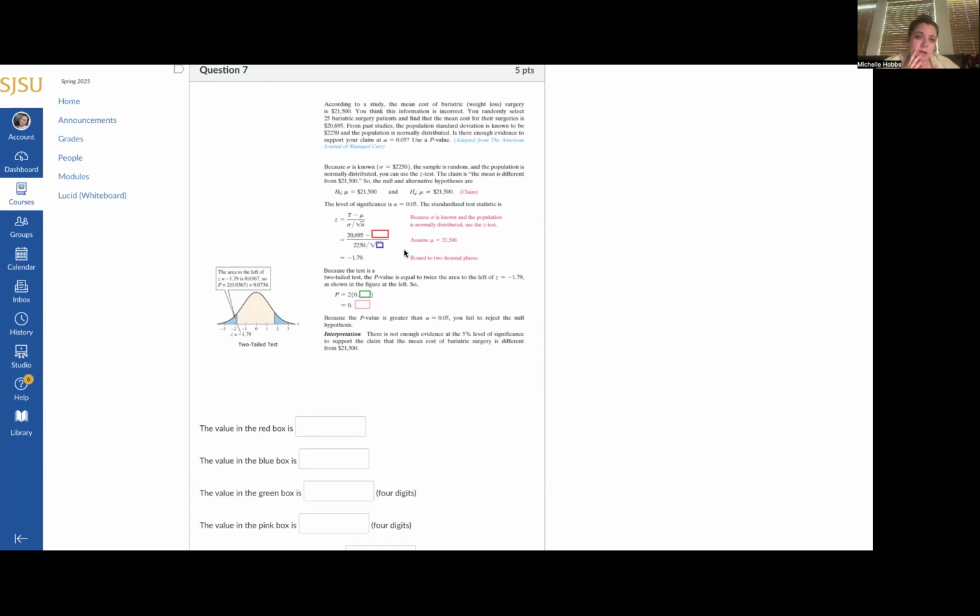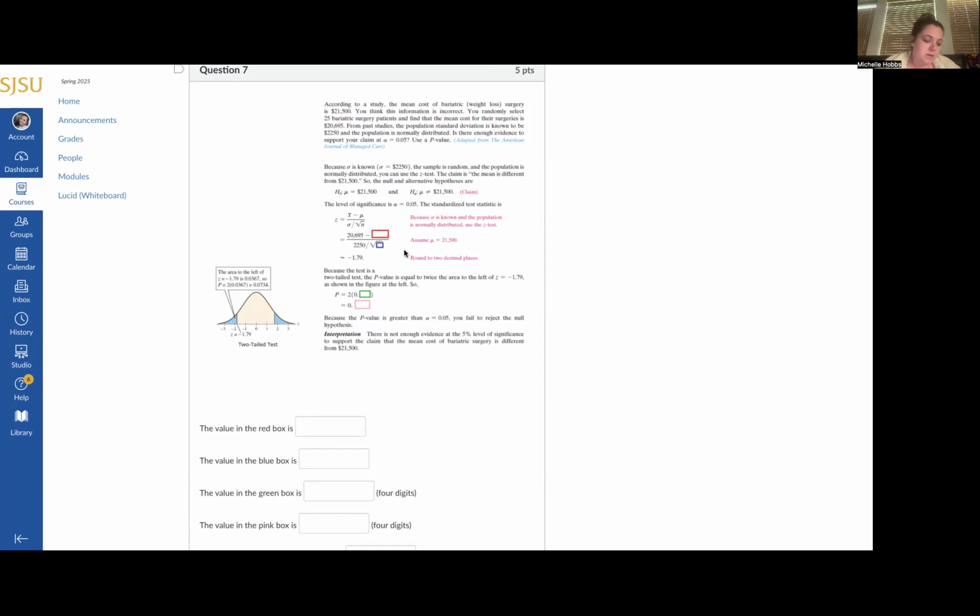You randomly select 25 bariatric surgery patients and find that the mean cost for their surgeries is $20,695. From past studies, the population standard deviation is known to be $2250 and the population is normally distributed. Is there enough evidence to support your claim?